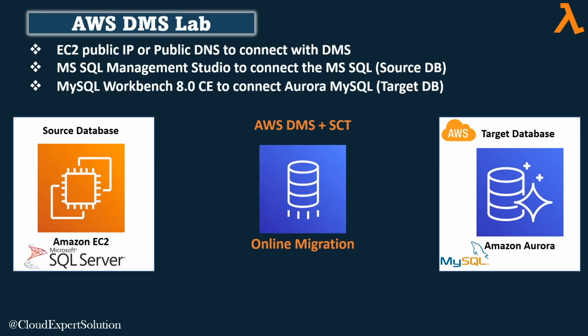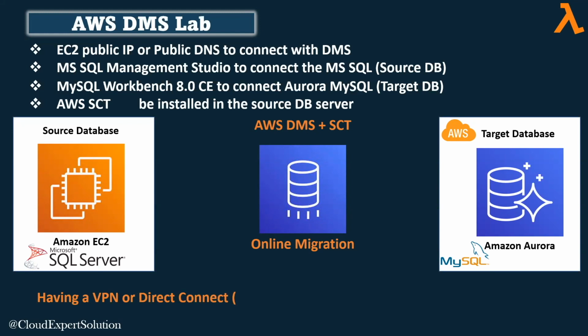You can install it on your on-premise server to validate the target database. Then we are going to install the AWS SCT, the Schema Conversion Tool, in our EC2 instance. You would install it on your on-premise VM or database server. Please remember the SCT should be installed on the source database server where you have the database.